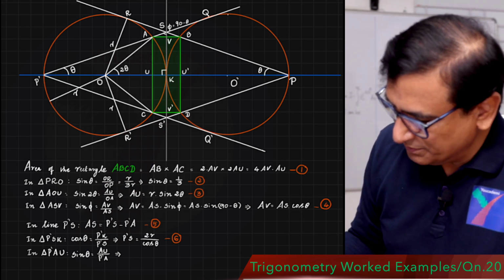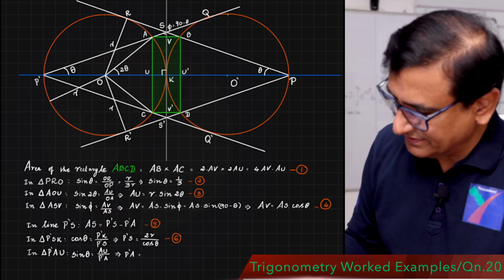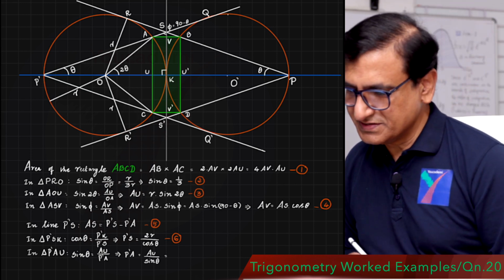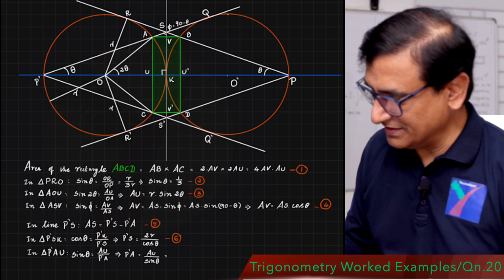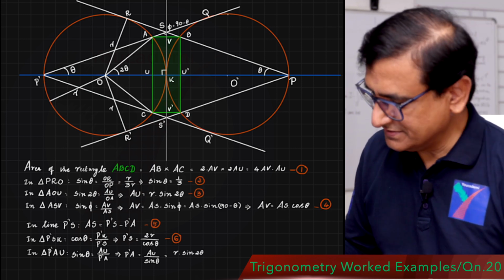So P prime A would be AU divided by sine theta. AU is r sine 2 theta divided by sine theta.